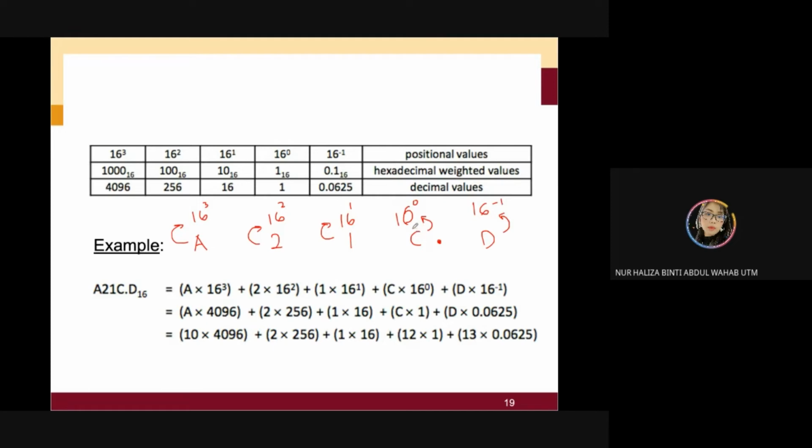C is 10, 11, 12. 12. This one is 1. 12 multiplied with 1. This one is 1. And 16 to the power of 1 will be 16. So 1 multiplied with 16.